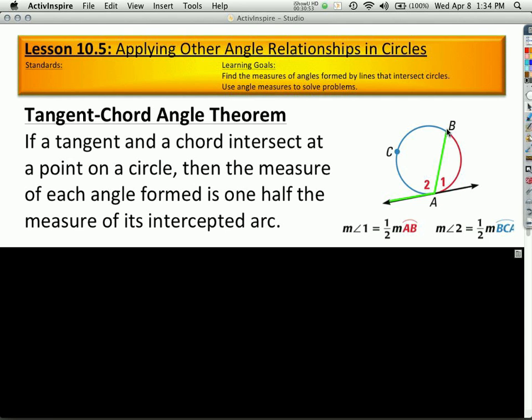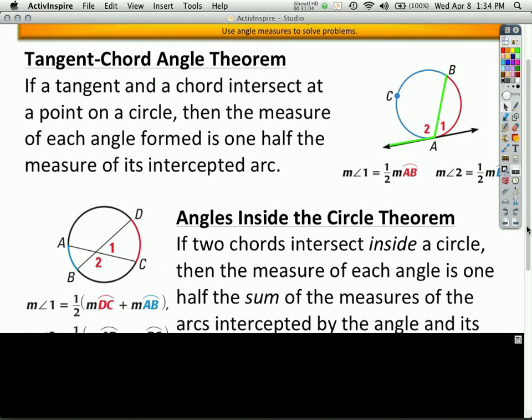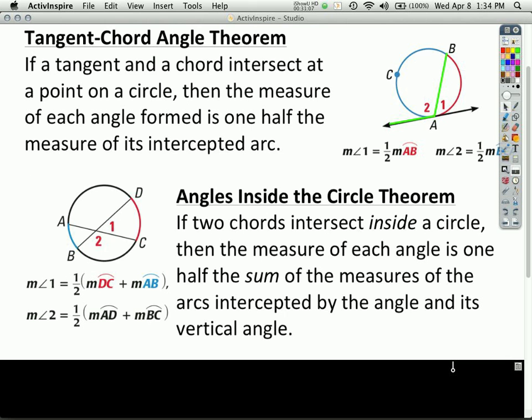Any questions about that? In and of itself, not too hard. But when I throw in this, then all of a sudden things start getting jumbled around and a little confused. So that's where I was saying keeping things straight is a little bit of a challenge. Angles inside a circle theorem. If you have two chords intersecting, the vertical angles formed, each of those vertical angles will be half the sum of the intersecting arcs.